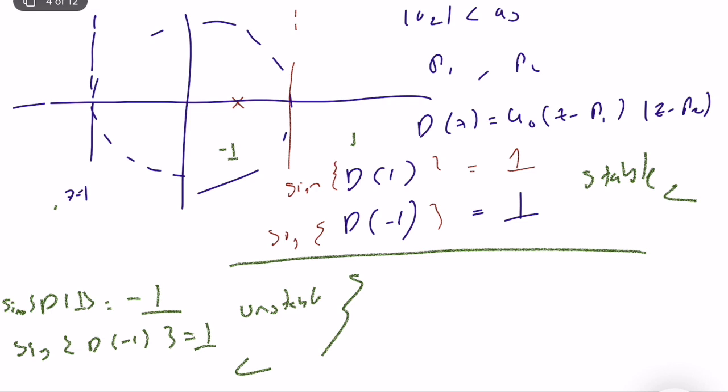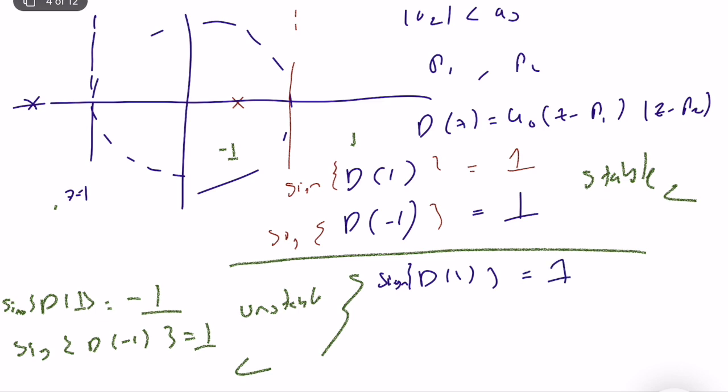Let's see that I have a pole here. That's also good, no problem with that. So I have a stable and unstable pole. Let's look at D(1) and its sign. Since both poles are on the left hand side of the z equal to 1 line, they will both be negative and the sign will be equal to 1.